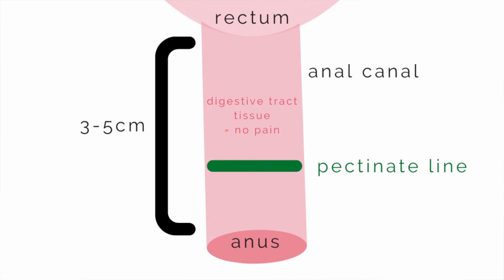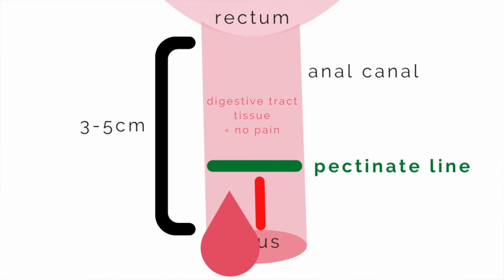However, the final third of the anal canal that lives below the pectinate line is made up of mucosal tissue, which is thin, soft tissue that lives inside of the body but is continuous with skin that is exposed to the external world. It's the same tissue that lives in your mouth, under your eyelids, inside of your nose, and in your vaginal canal, if you have one. And that tissue does communicate pain to your brain, which is why external hemorrhoids and anal fissures, both of which are located below the pectinate line, are painful.